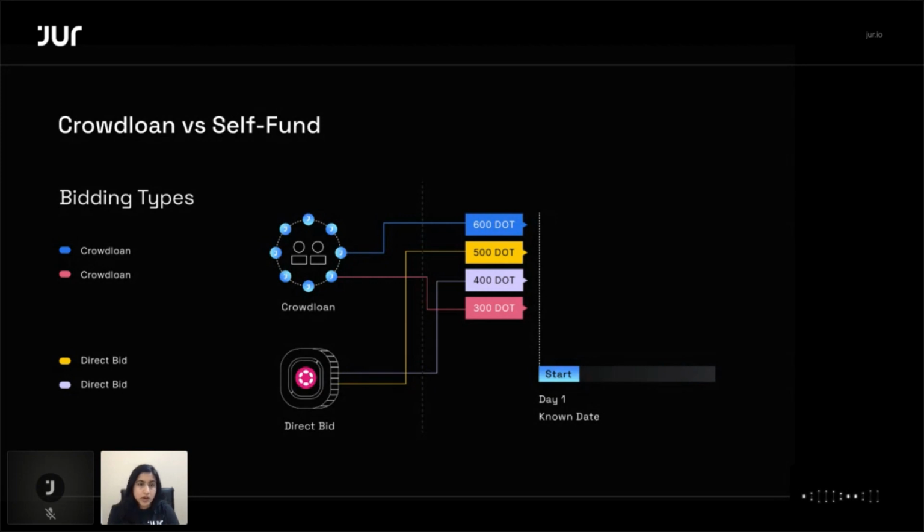Now, when it comes to crowd loan, once again, the project can choose to go in a crowd loan if they want the entire community to participate in the project. And this also gives the community an opportunity to take advantage of the rewards program coming from the parachain.